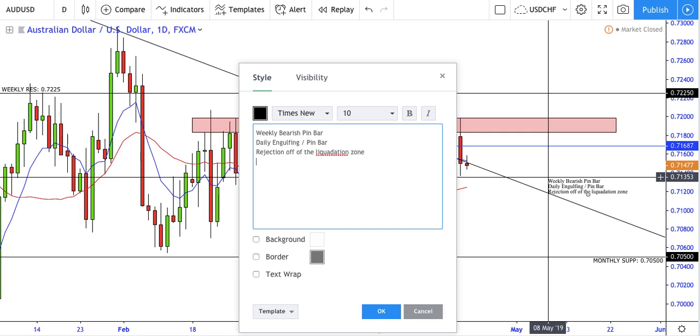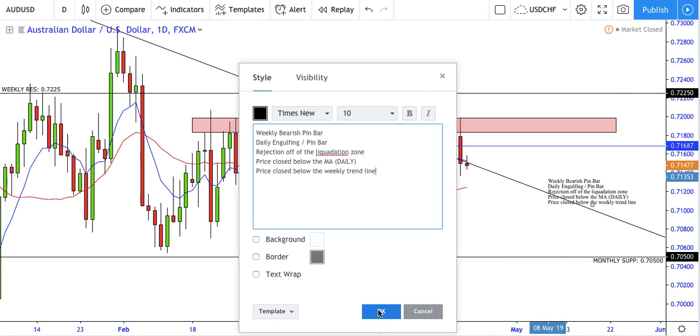Okay, we also have price closed below the MA, which of course is acting as a support. All right. We can also note that price closed below the weekly trend line.